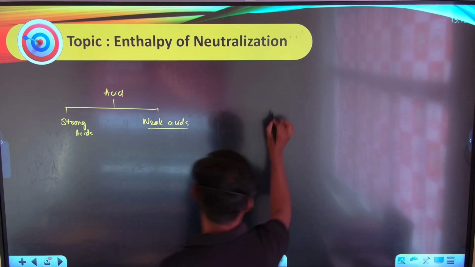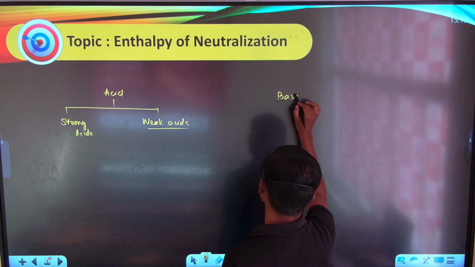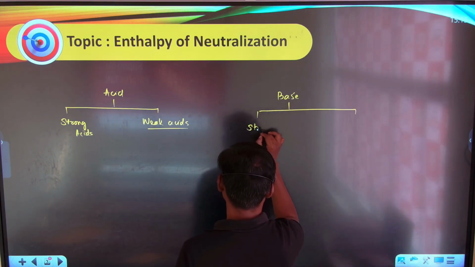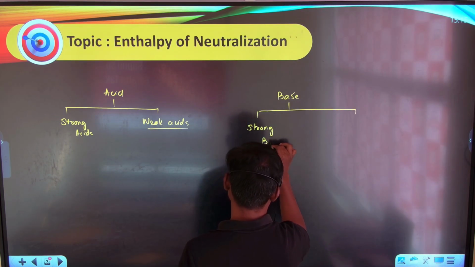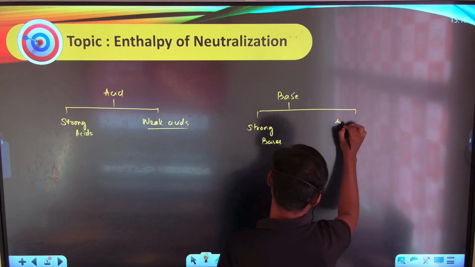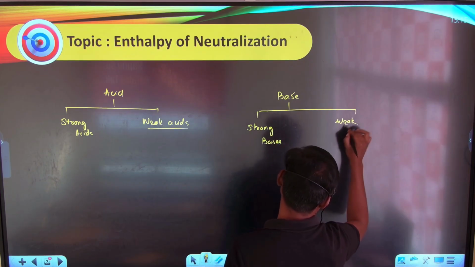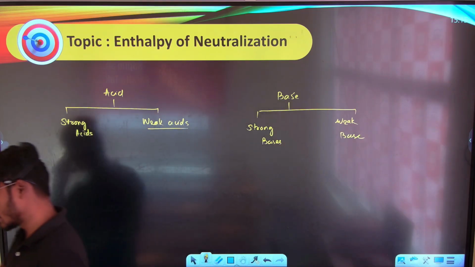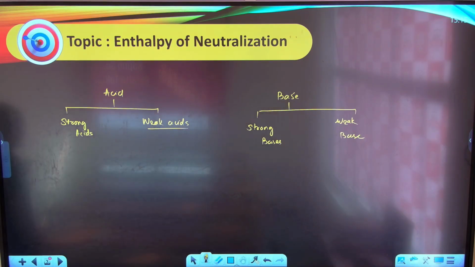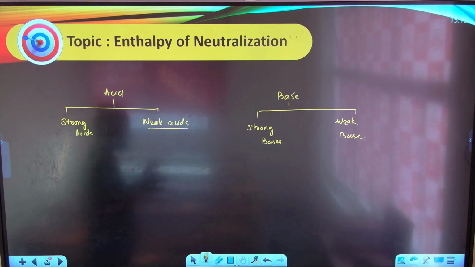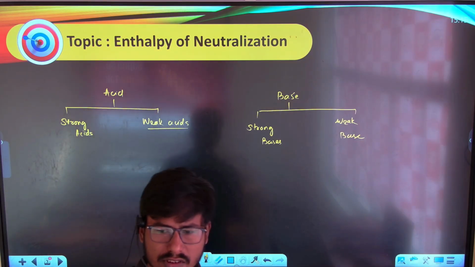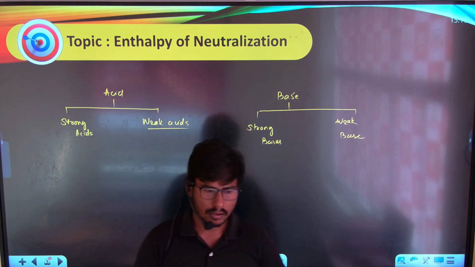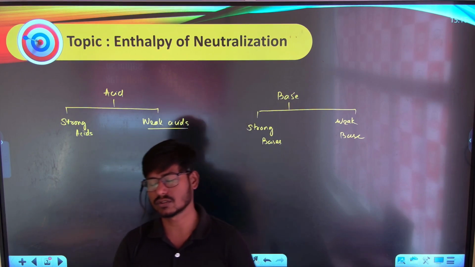Similarly, if we consider base, we have two types of bases: strong bases and weak bases. What are strong acids or strong bases? Those acids or bases which dissociate completely, 100% ionization, we call them strong acids or strong bases.